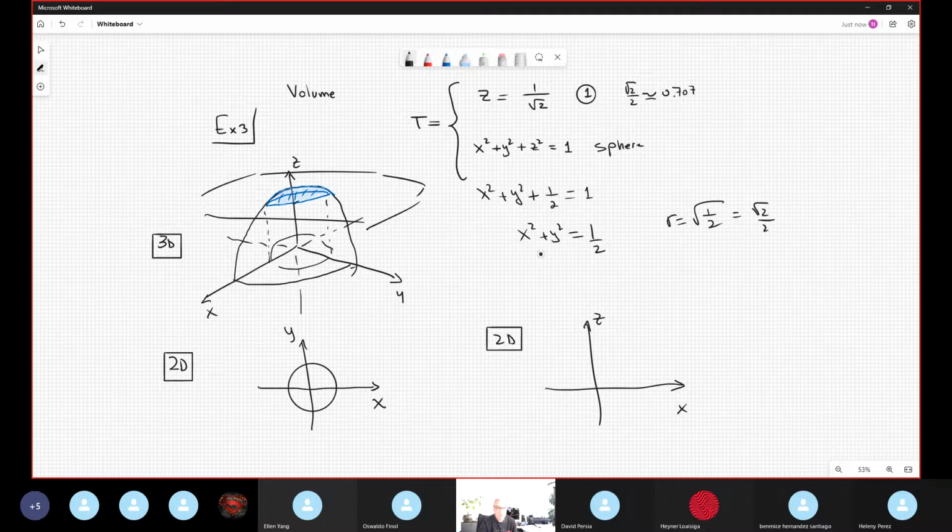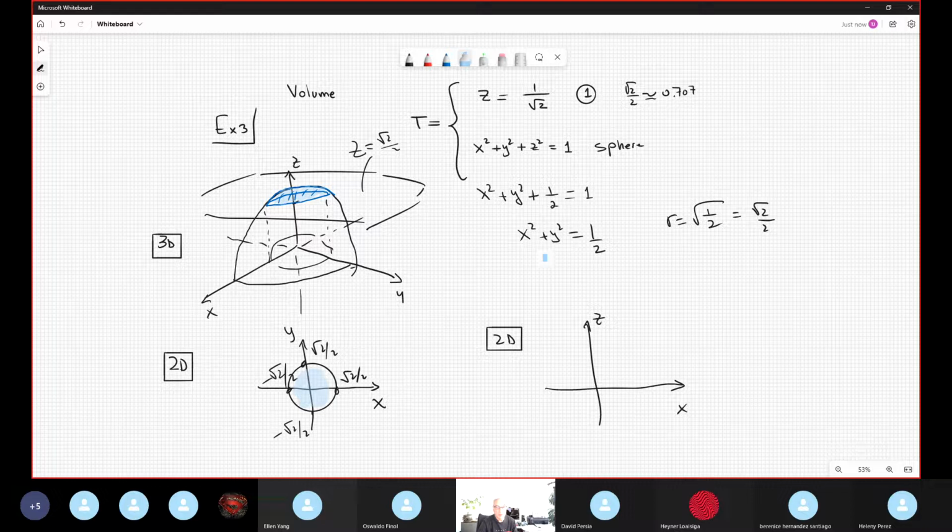It's obvious that it's the same value of the z of the plane. z equal radical 2 over 2 cuts off the sphere in one circle, where the radius is radical 2 over 2. Okay, cool. This is my region.